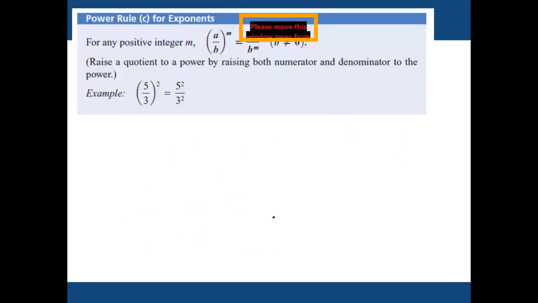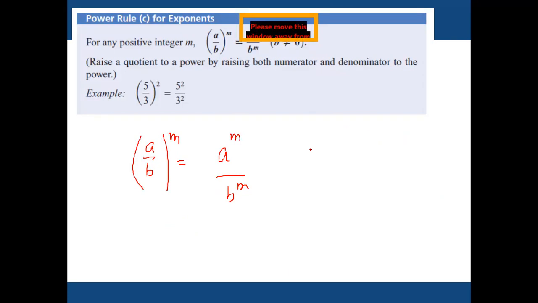Okay, next we have the quotient rule. We have a power rule, but in the quotient case we have two numbers in division form. So how can we write it? For example, if we have a divided by b, and we have a common power like m, you can write separately a power m in the numerator and b power m in the denominator.